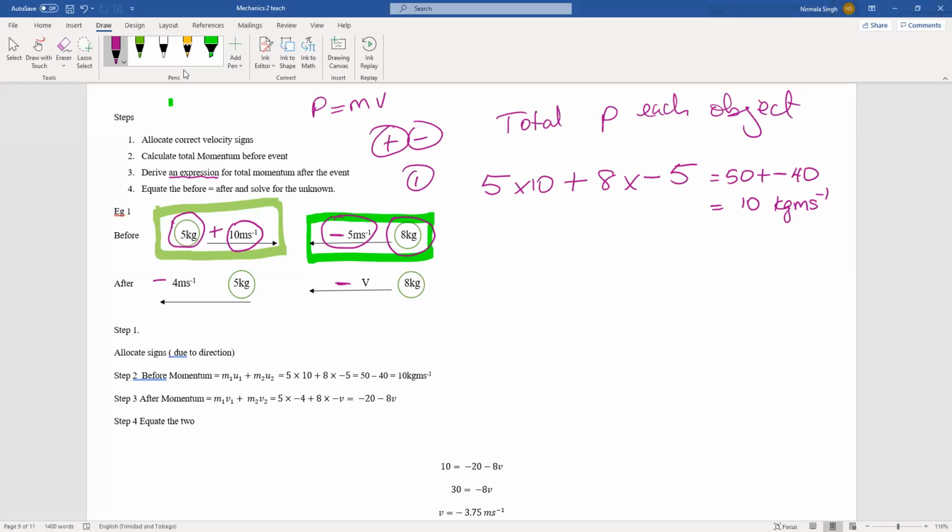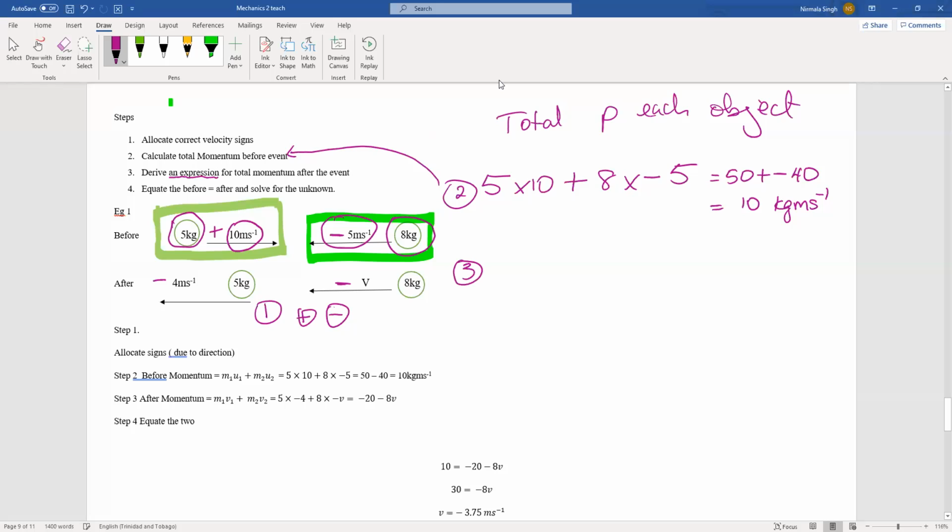Total means to add something to something else. So step 1 was to do your plus and negative signs, and step 2 was to work out your total momentum before.